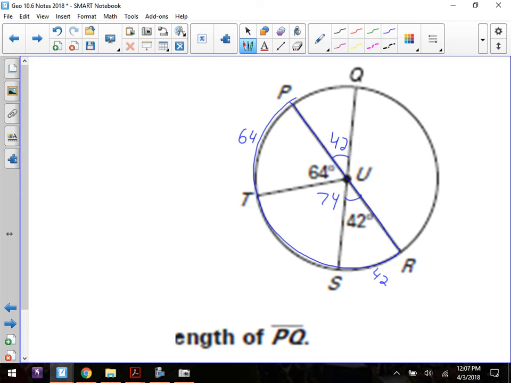Which therefore means that the other side has to be its supplement. So if I add the 64 and 74 together, I'm going to get 38. Now, that gets you all of what are called your central angles. So you've got your central angles, which means you know all of your arcs.